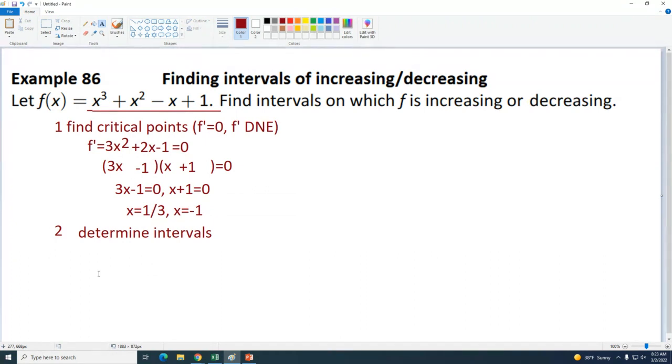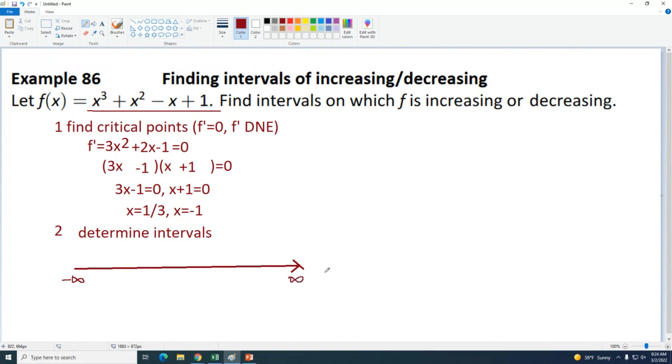So what I recommend is trying to draw a number line which should represent your domain of the function. All right, on the number line, that's from negative infinity to positive infinity, because this function is a polynomial, so there's really no requirement for the domain.